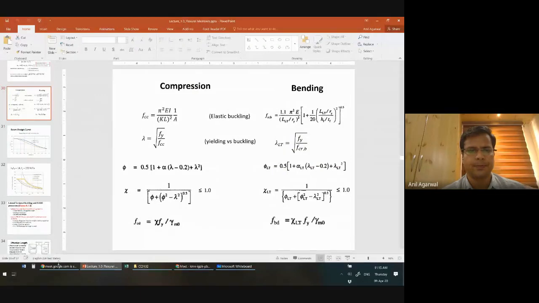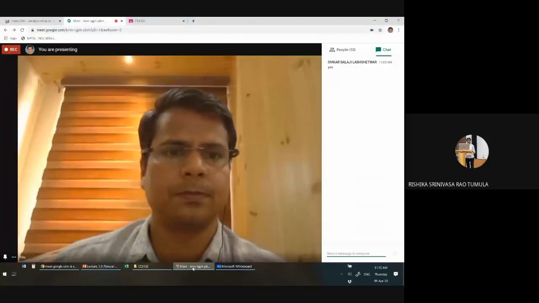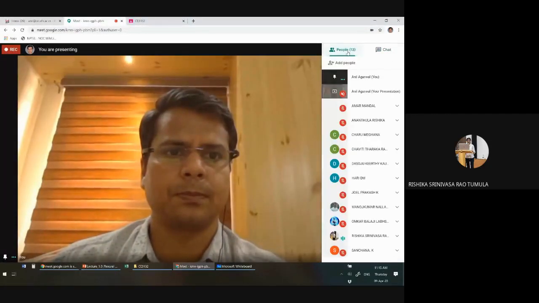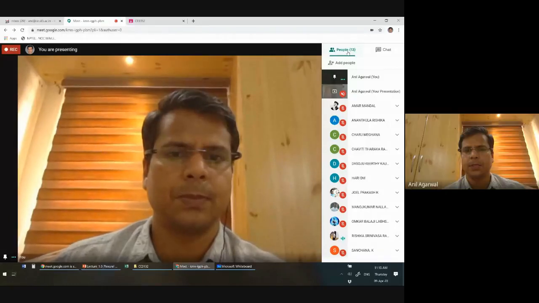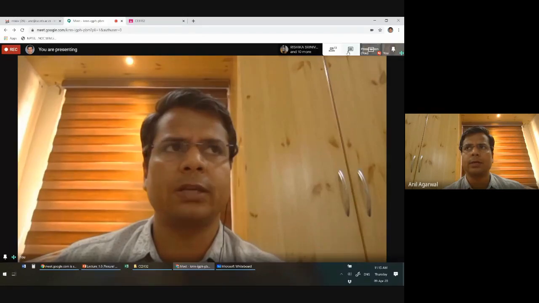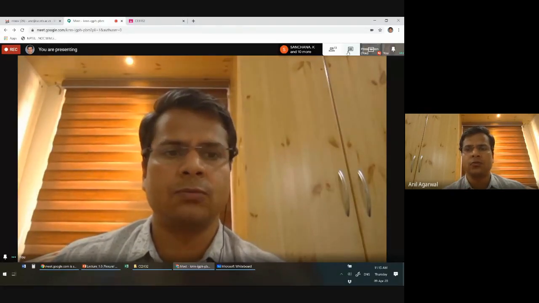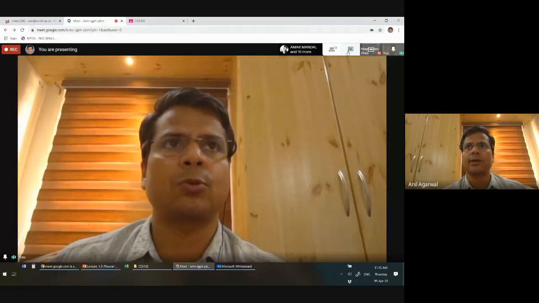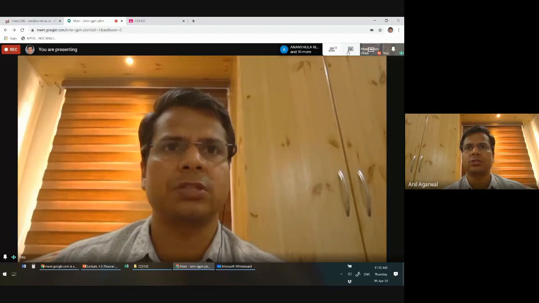Sir, when you say the slab is resting on the beams, it's not joined. It's just simply lying on it. Yeah, okay, fine. Even in that case, you can typically assume the beams to be restrained against lateral movement, even though you are not providing any special arrangements to restrain them.